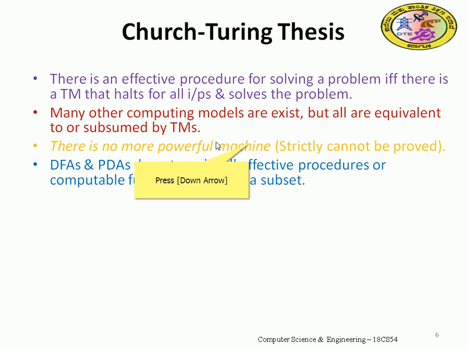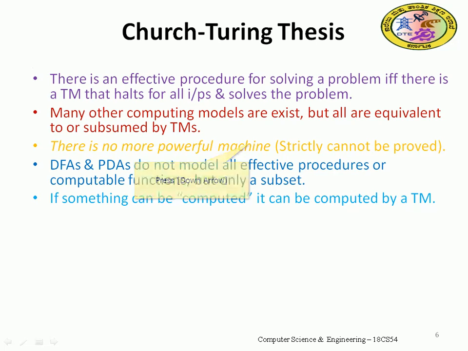They are not effective. All effective procedures are computable functions, but these are still only a subset. So they are not the major landmarks or pioneers. If something can be computed, it can be computed by a Turing machine.